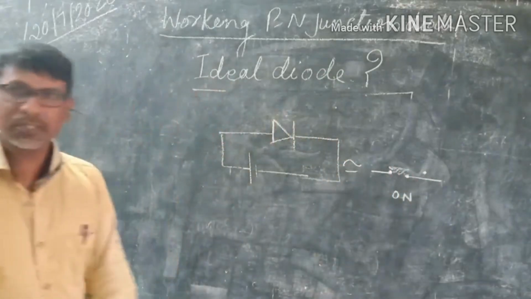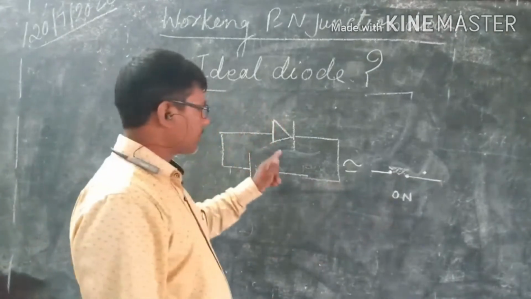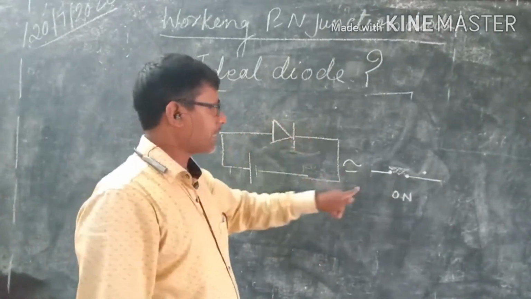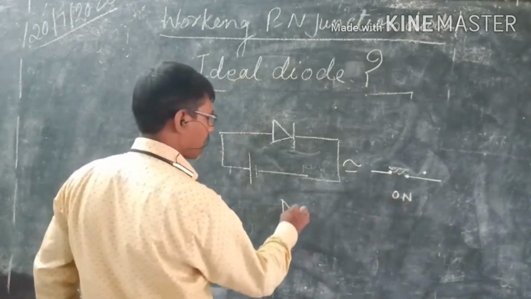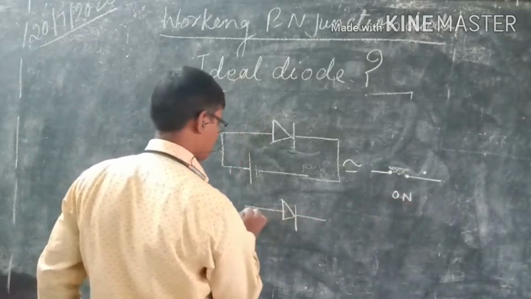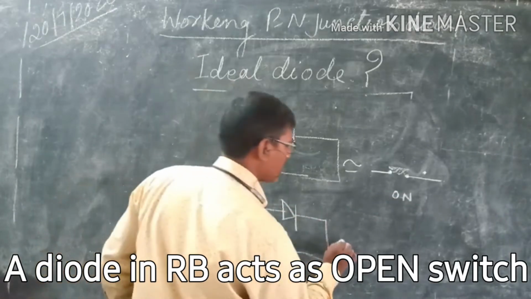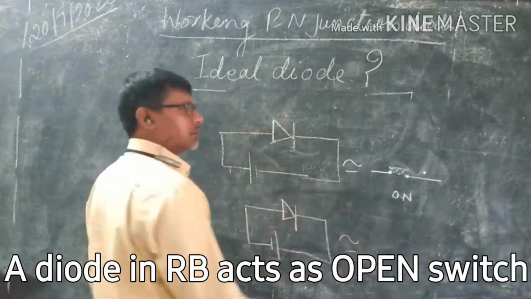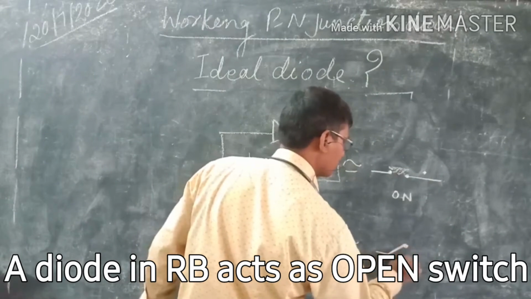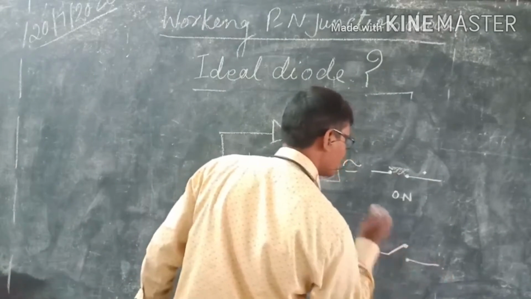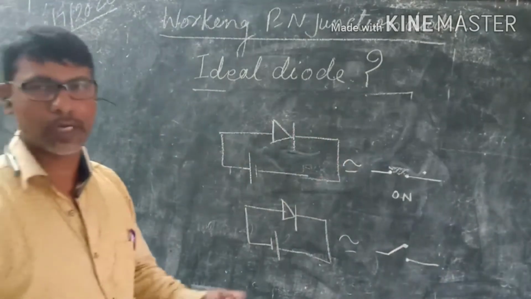On position of the switch, as you know, allows the current to flow. So the forward biasing of a diode will act as an on position of the switch, whereas the reverse biasing of the diode is comparable to an open switch, means high resistance, and high resistance means no current.